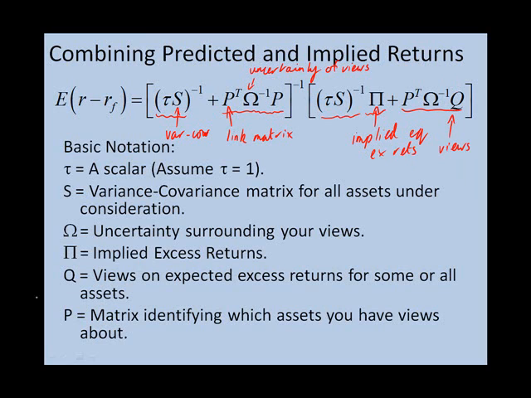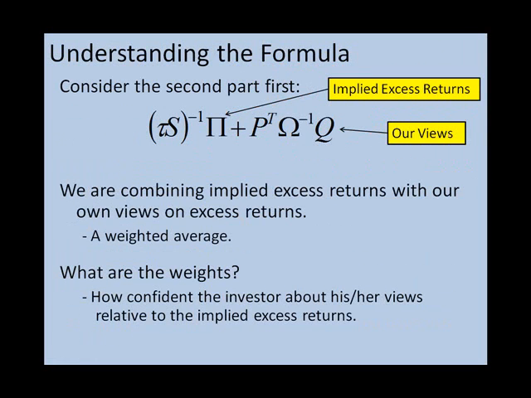To understand this formula, we're going to split it into two sections. Section 1. Section 2. And we're actually going to start with the second part first. In this part of the formula, we're combining the implied equilibrium excess returns with our views on the expected excess returns.